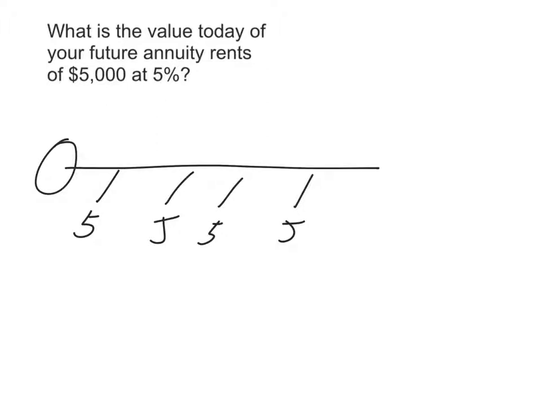So if we look at the present value of an annuity and we multiply that annuity of the 5,000 times this factor, which is going to be the present value of an annuity at 5%, and let's make this 20 periods, we end up with a factor of 12.64221.